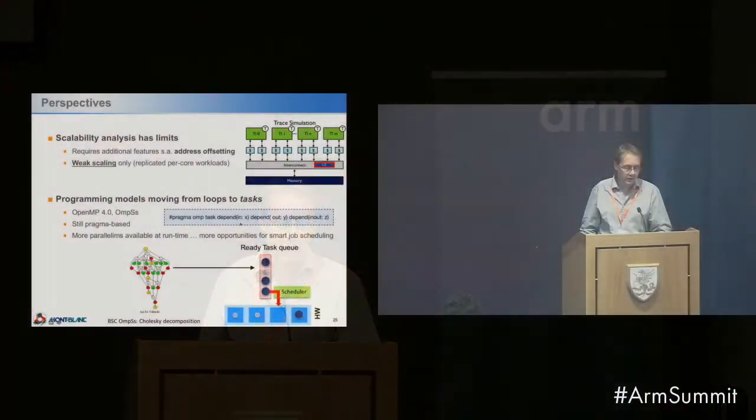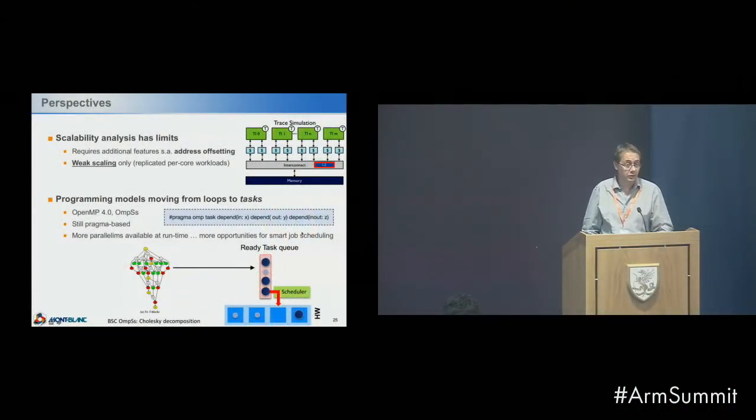Some of you may already be familiar with it and even know more than myself, but essentially the principle is declaring tasks and declaring what the inputs and outputs of those tasks are, such that at runtime, the OpenMP or whatever runtime is capable of building a dependency graph for all of those tasks and has a ready task queue that assigns the ready tasks via a scheduler on all of the processing cores. So there's a massive amount of parallelism available compared to basic loop-level parallelism, and it's a very good opportunity because that's going to become mainstream at some point. That's in OpenMP 4, and 4.5 will go even further.